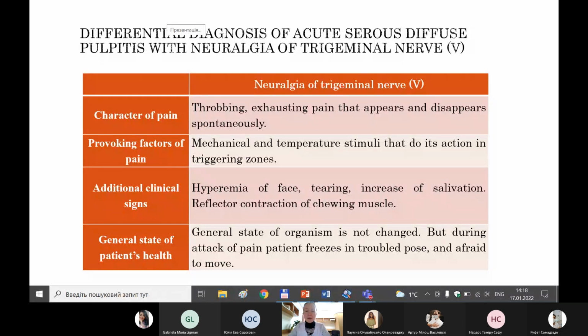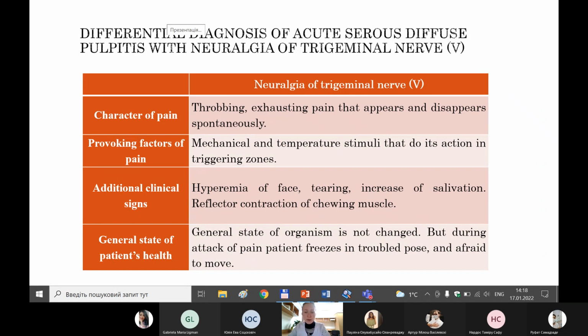So it is only typical for neuralgia. General state of the patient's health: the general state of the organism is not changed, but during an attack of pain, the patient freezes in a troubled pose and is afraid to move because any movement will cause severe pain.